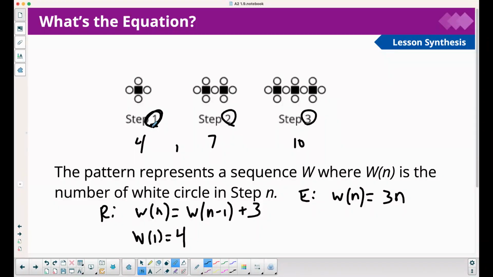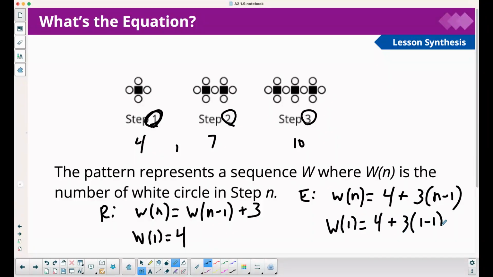But what if I started with 4, I start with 4, and then I do 3 times n minus 1. So that way, like the first step, like if I want to find W of 1, and I'm going to kind of check this, it's going to be 4 plus 3 times 1 minus 1. So this is 0, so I'm not adding anything here.